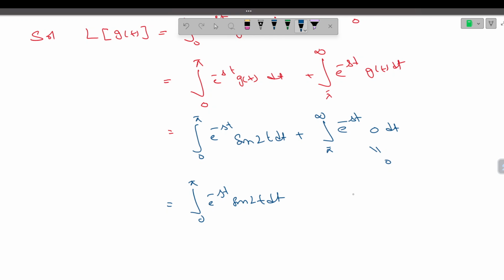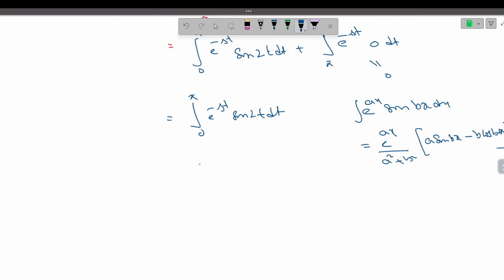Before going to this, we know from intermediate that the integral of e to the power of ax sine bx dx equals e to the power of ax by a square plus b square into (a sine bx minus b cos bx). This is the formula we are using here.